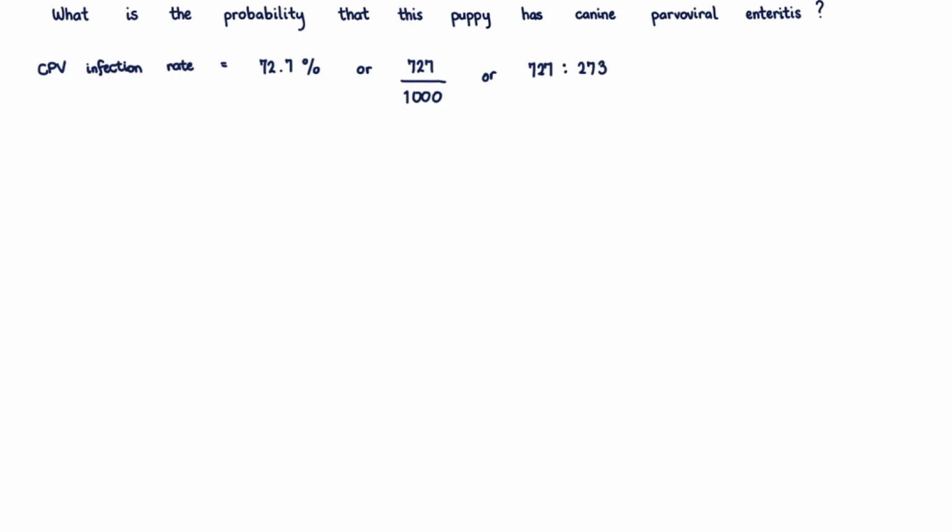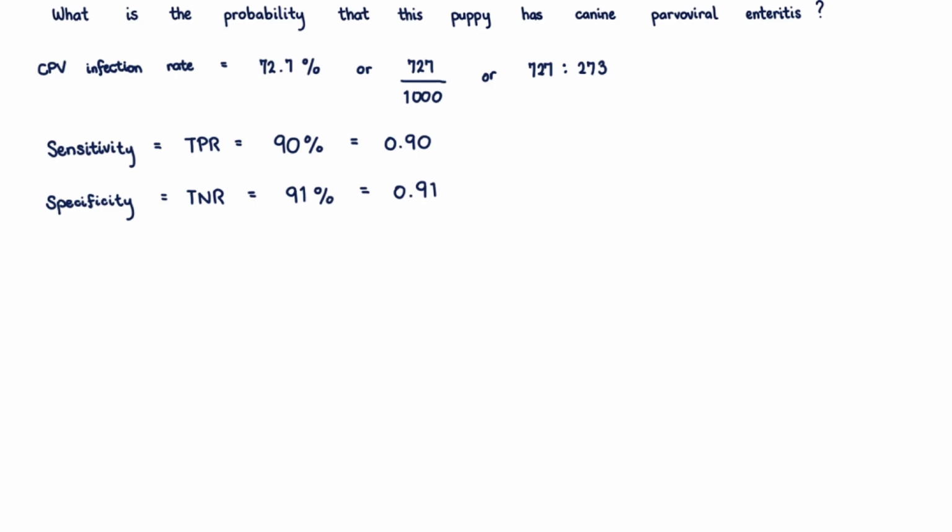There's 727 infected for every 273 non-infected. Sensitivity, or true positive rate, is 90%, or 0.90. Specificity, or true negative rate, is 91%, or 0.91. And our false positive rate is 0.09.